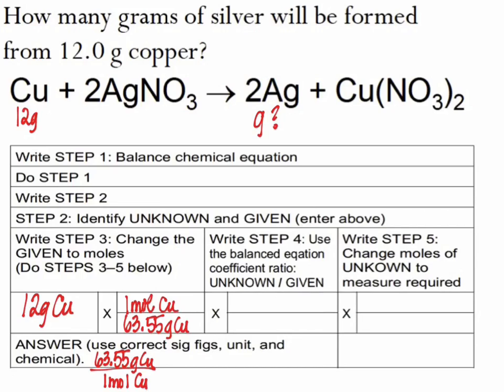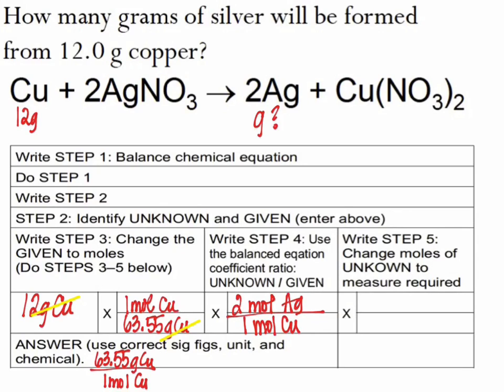So now we're in moles of copper, and we've got to get to moles of silver. So our next thing says use the coefficient of your unknown over your given. So our unknown is 2 moles of silver, and that is over 1 mole of copper.